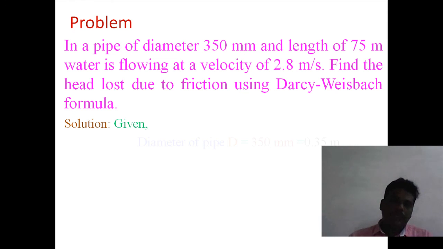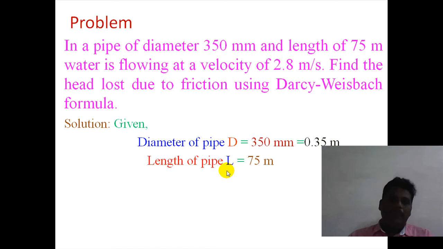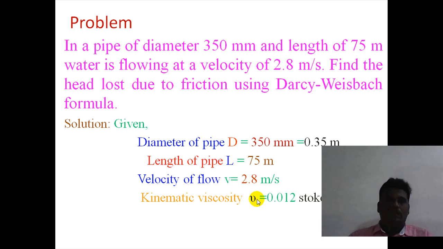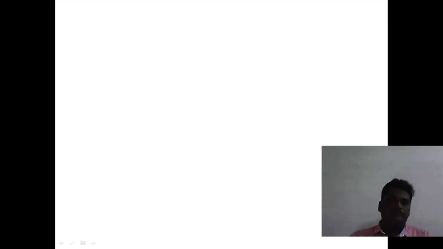Given diameter D is 350 mm, that is 0.35 meter. Length of pipe L is 75 meter. Velocity of flow V is 2.8 meter per second. Kinematic viscosity is also given, it is 0.012 stokes. We know 1 stoke is 10 power minus 4 meter square per second.